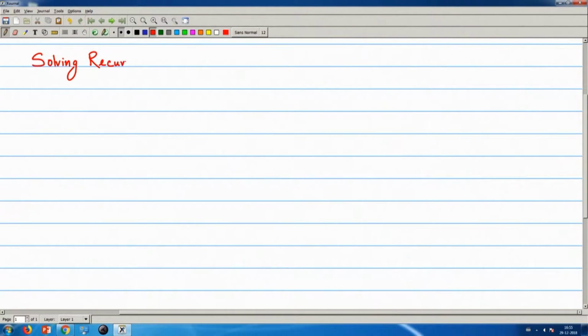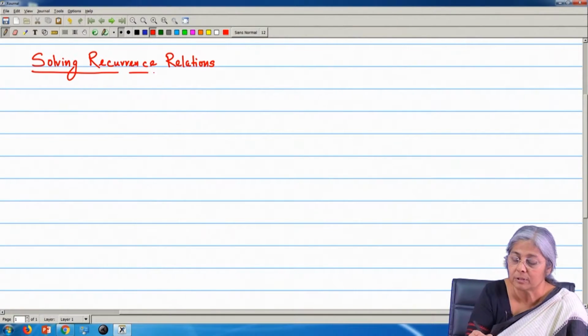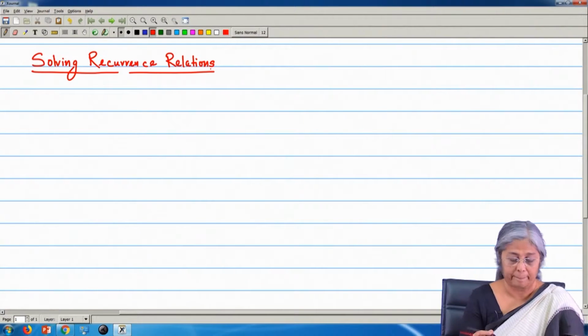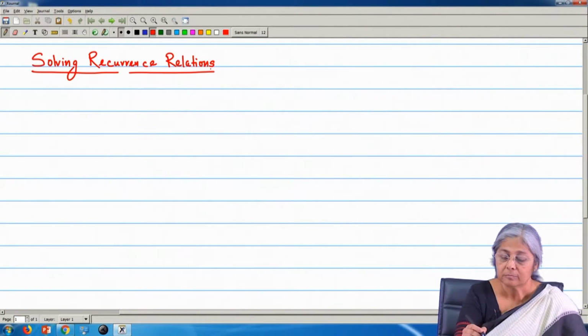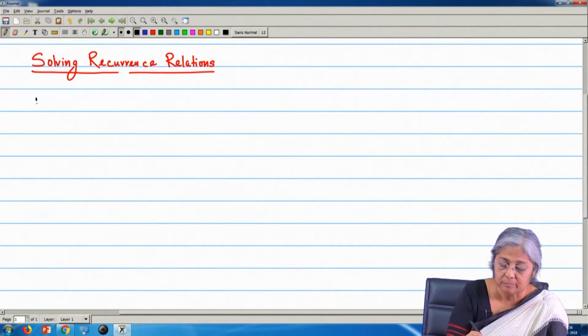We will see today how we can solve the linear homogeneous recurrence relations with constant coefficients when the roots are equal. So, first we read the theorem.